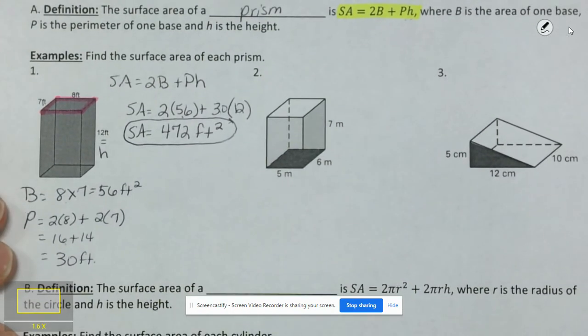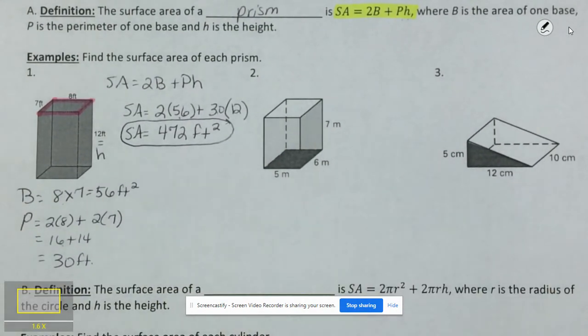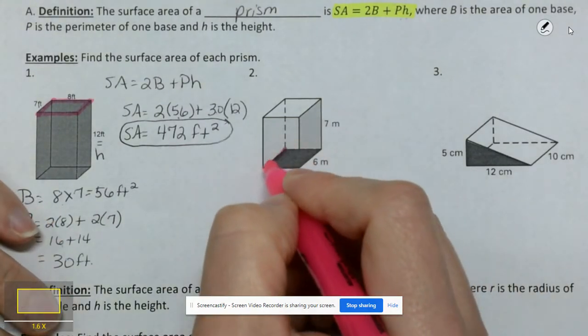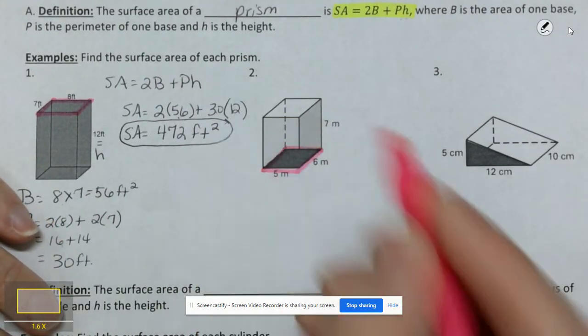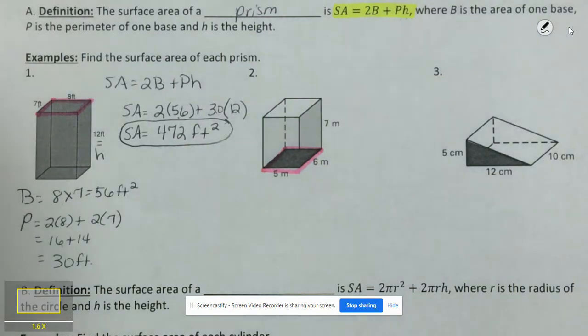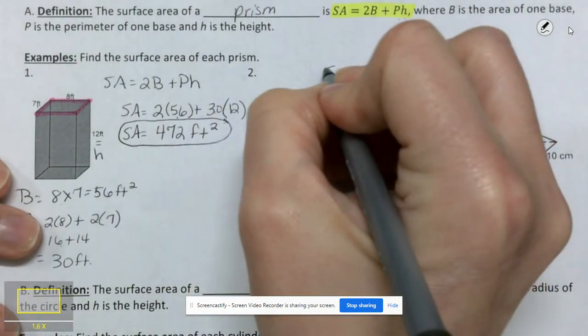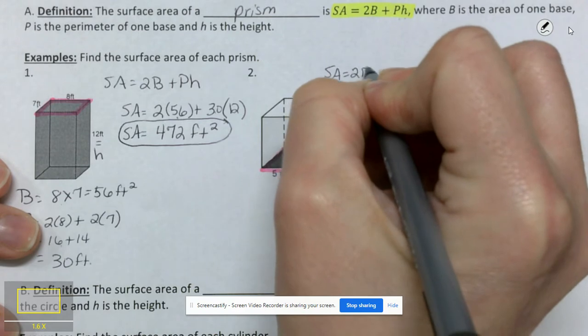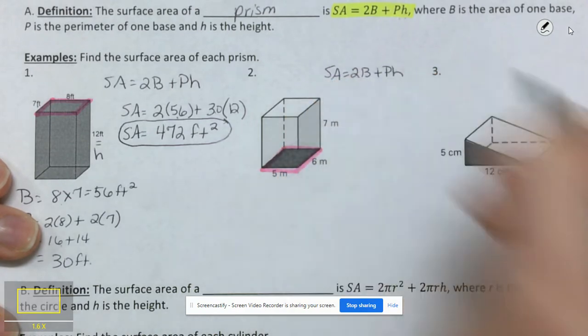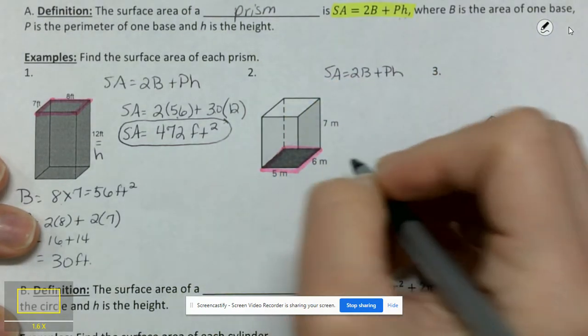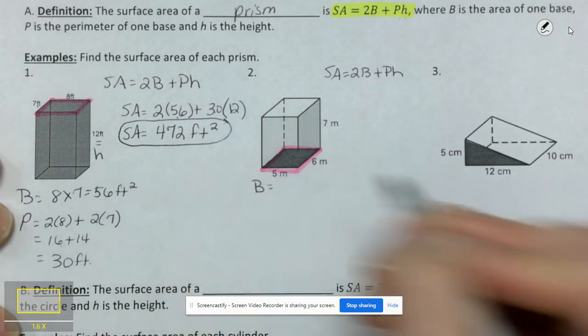All right, let's look at this next example. Again, let's highlight what our base is here. Our base is this right here. This is our base area and base perimeter that we're going to be finding. Again, surface area is 2 times the base plus the perimeter times the height. Let's find our base first.